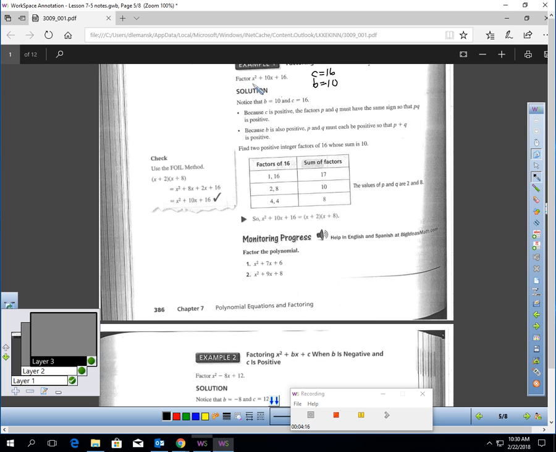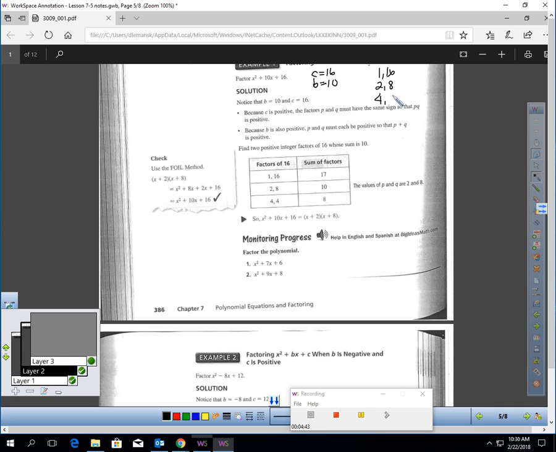Let's try factoring x squared plus 10x plus 16. Right now c is 16 and b is 10. Do you notice how c is positive and b is positive? That means my factors have to be positive amounts. So let's think about my factors. What would multiply out to 16? Well, 1 times 16 multiplies out to 16. So does 2 times 8.